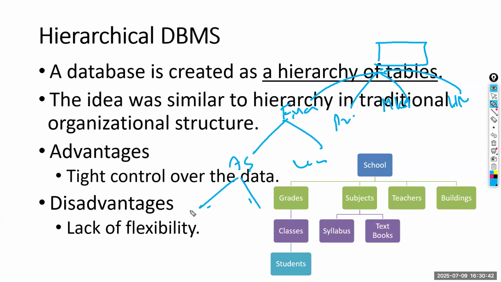Hierarchical means every data element has one parent element. There's no possibility of two parent elements, so you can't have this kind of a connection. Then it is not hierarchical. There's a very strict hierarchy.